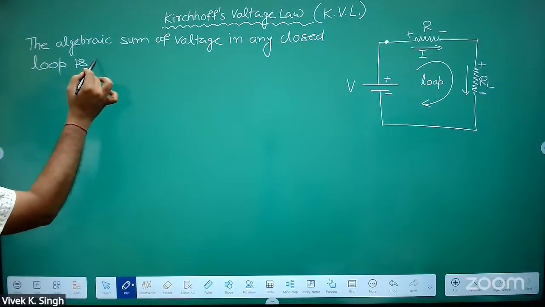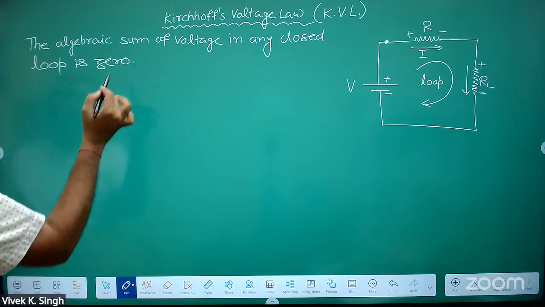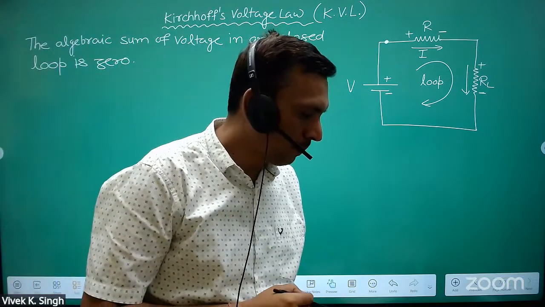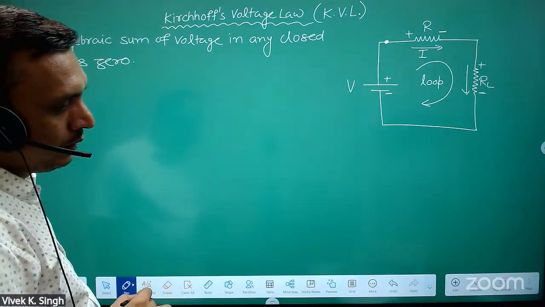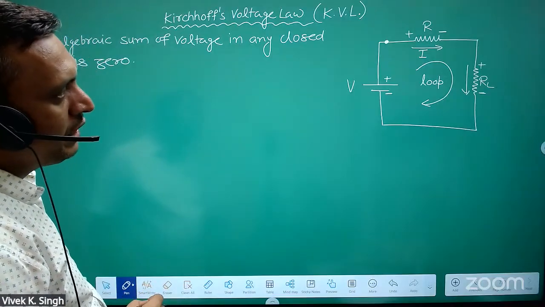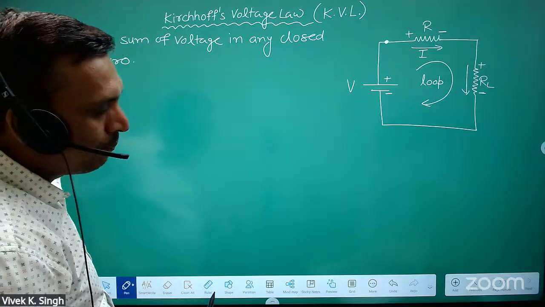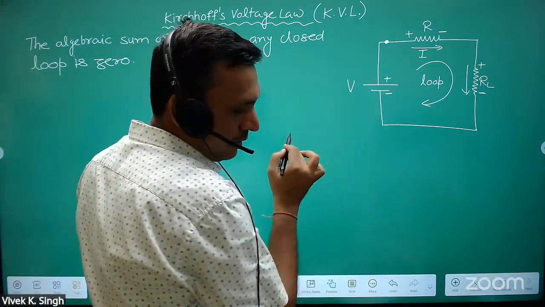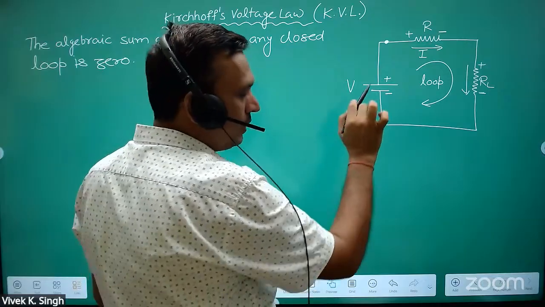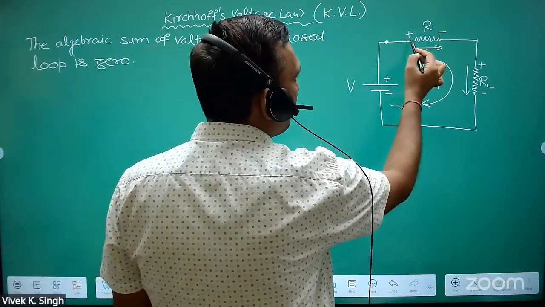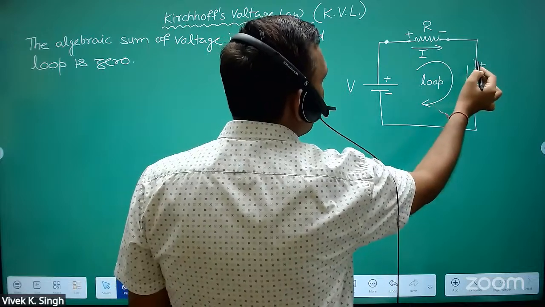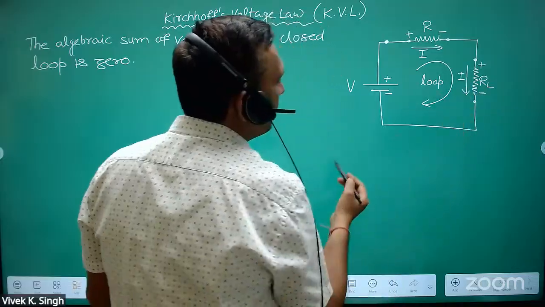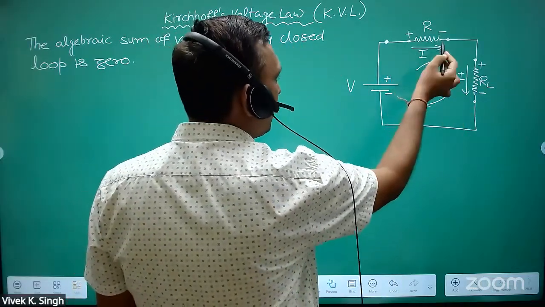So again, there is algebraic sum, means there is some sign convention involved. So sign convention, you have to decide. For example, if you are going from minus to plus, if you are taking minus sign, then whenever you are going from plus to minus in an element, you have to take plus sign.